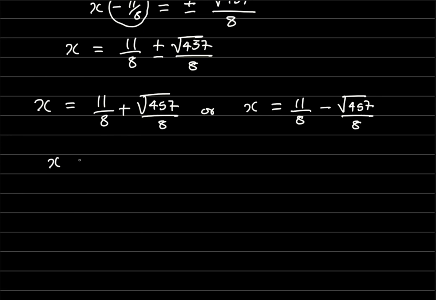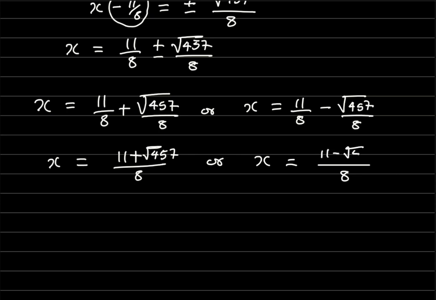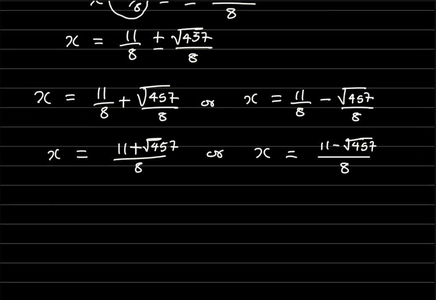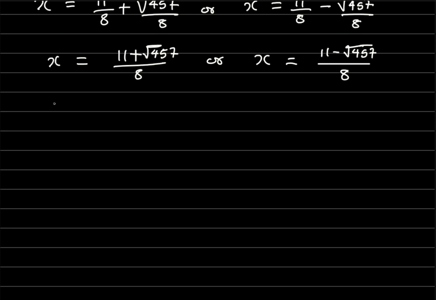The LCM is 8, so you have 11 plus root of 457 all over 8, or 11 minus root of 457 all over 8. Now you use your calculator to get the root of 457, which is 21.38 to 2 decimal places.